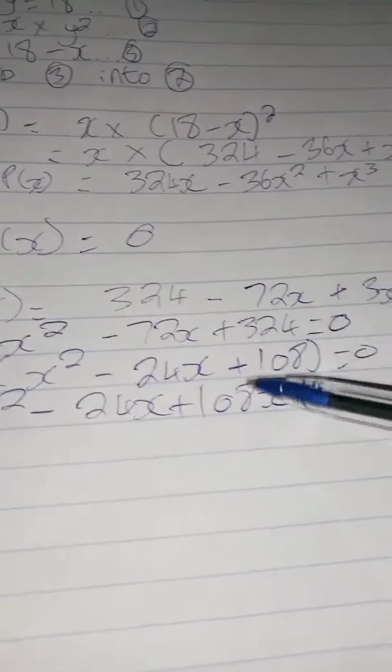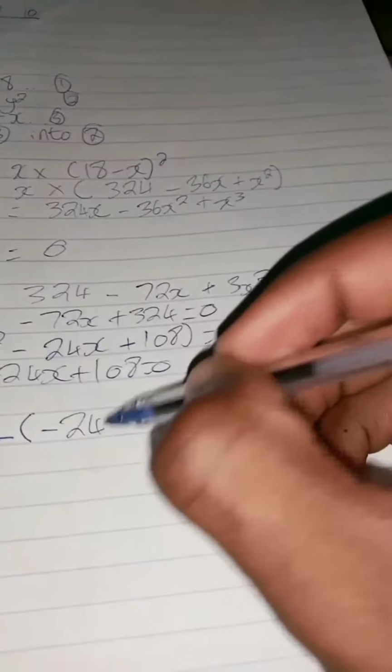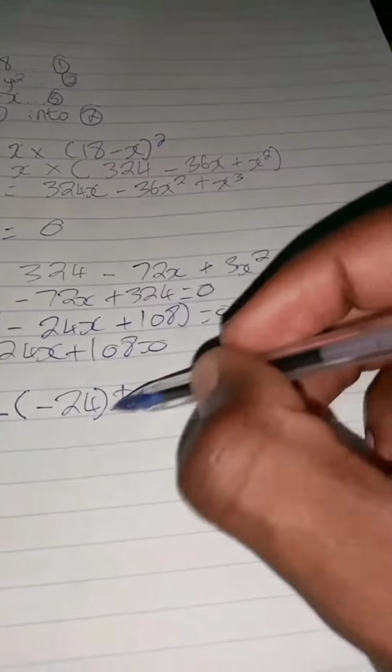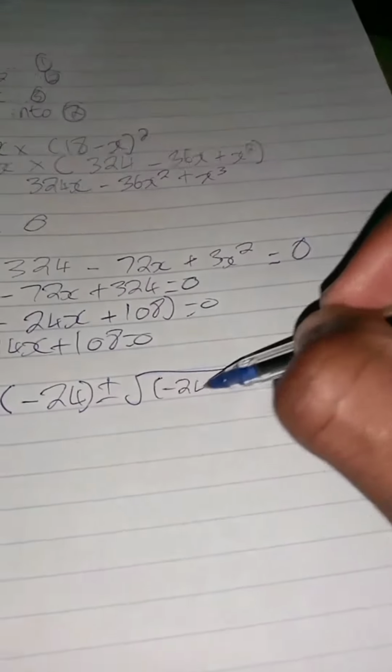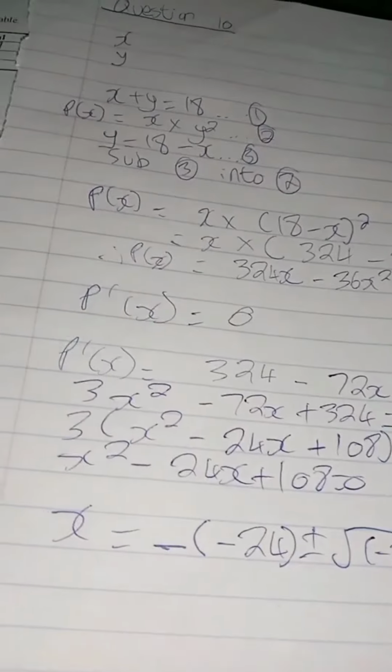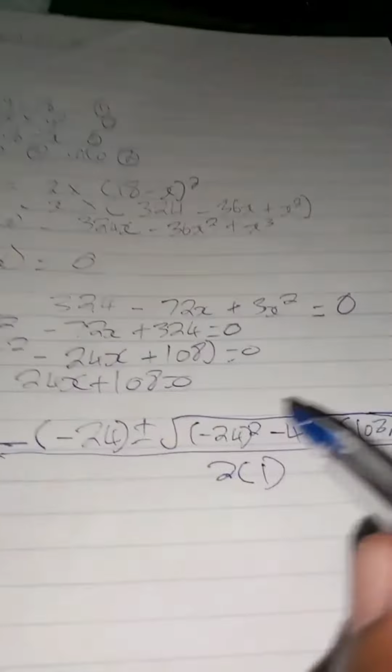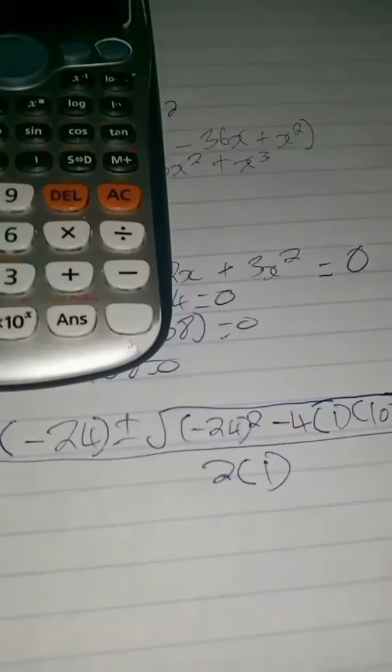Since 108 is a big number, we'll just go straight to our quadratic formula. So for minus b, we have minus of minus 24, plus or minus the square root of minus 24 all squared minus 4. Our value for a is 1, then our value for c is 108, then all divided by 2a, which is 2. So from here, we just have to do calculator work and see which values we get.